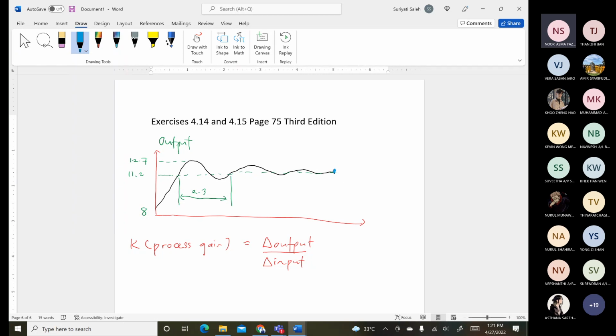So this is your final value at the final time, and this is your initial value. So the delta output equals 11.2 minus 8.